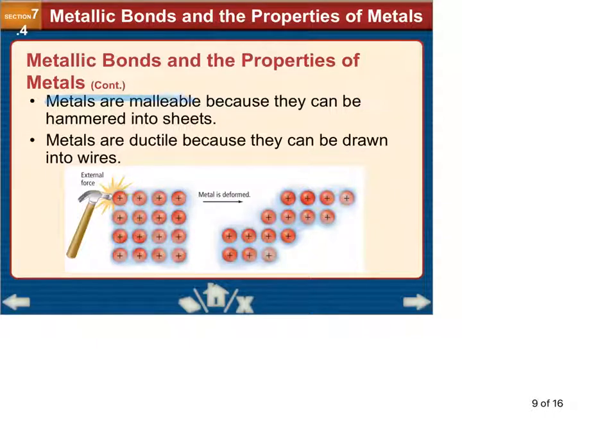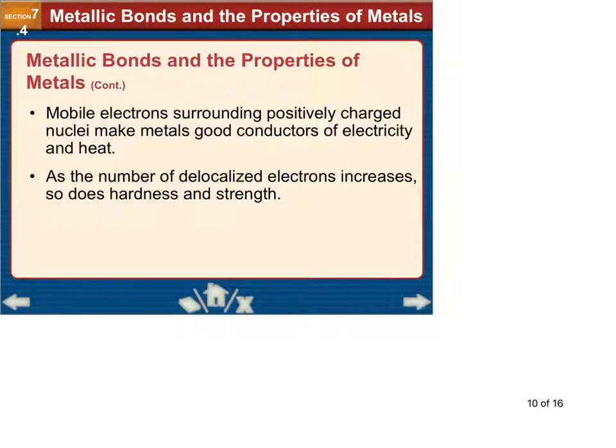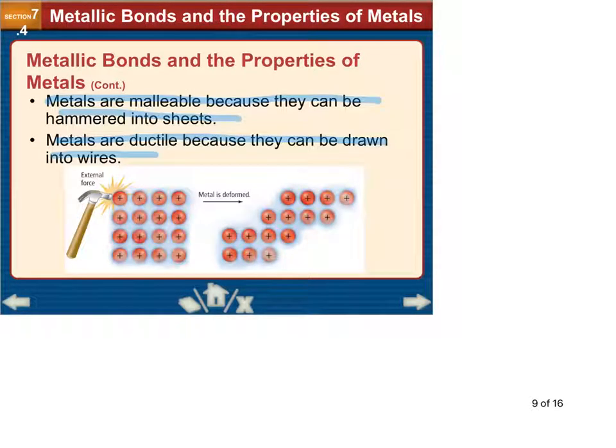Now, some of the properties we've talked about before: metals are malleable, they can be hammered into sheets, and they're ductile because they can be drawn into wires. As we change their shape, the atoms still stay close together, but we can move them around a little, and we still have the sea of electrons moving around.